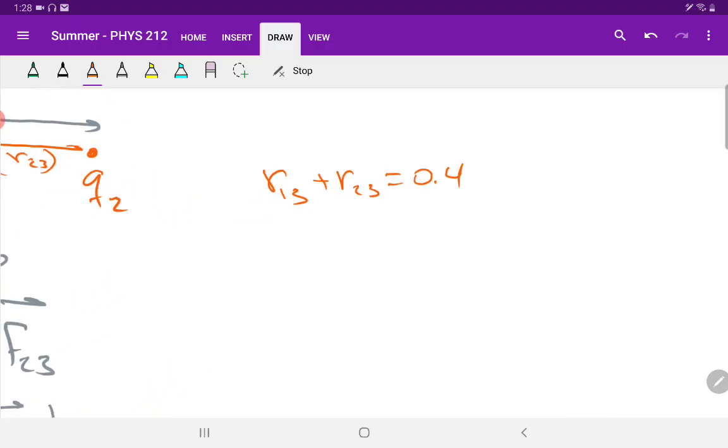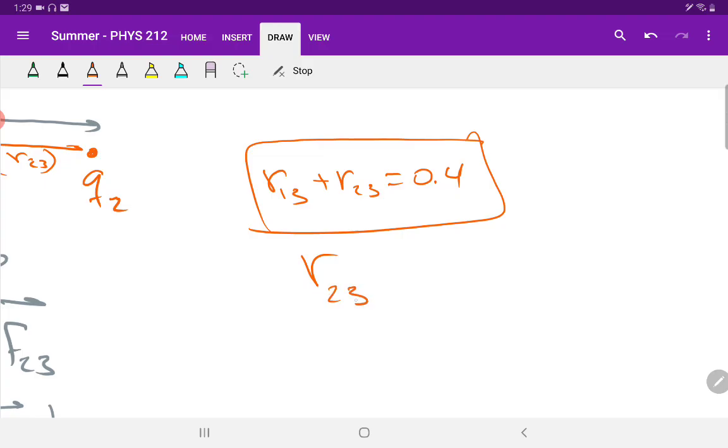Now, what's the importance of this? It means I can describe R23 in terms of R13: it will be 0.4 minus R13. And by the way, since we are dealing with the x-axis, I will use x to define R13.